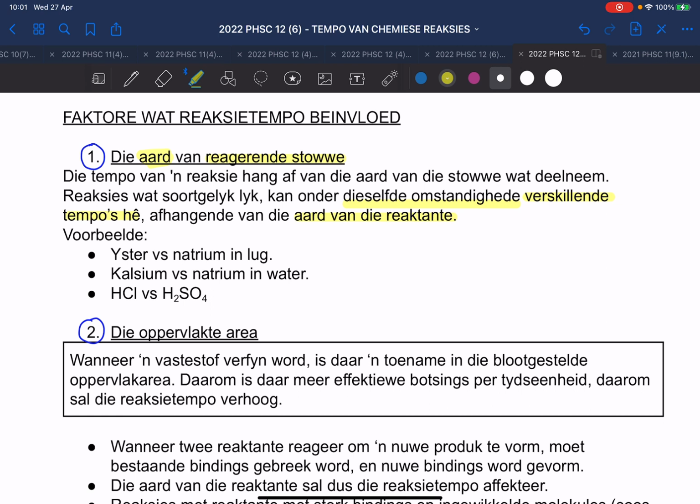Albei is suur, both is acid, but acetic acid is a very weak acid and hydrochloric acid is a strong acid. Okay? Ons kan hulle op dieselfde temperatuur hê, dieselfde konsentrasie, alles, but hydrochloric acid will work a lot faster than acetic acid. Why? Because it's a stronger acid. And we're going to get to acids and bases a bit later. Maar hy is 'n sterker suur, so hy reageer vinnig. Okay. So the nature of the substances.